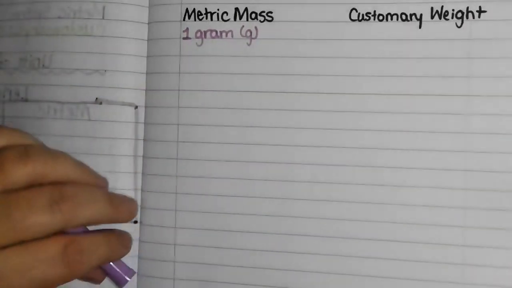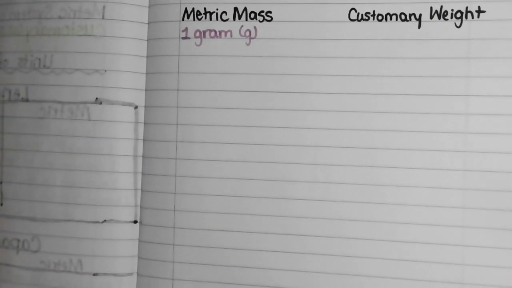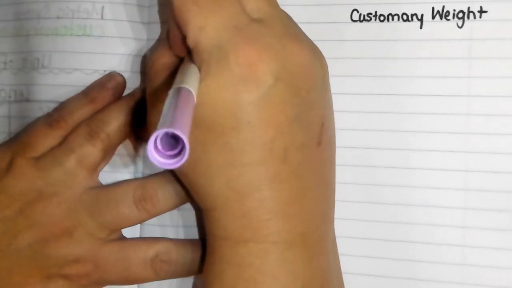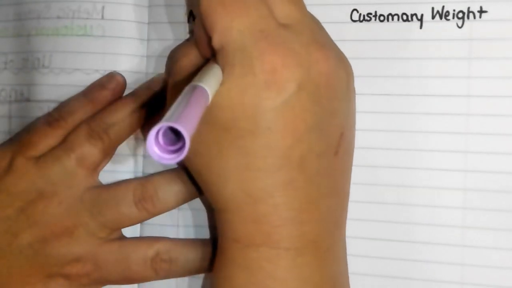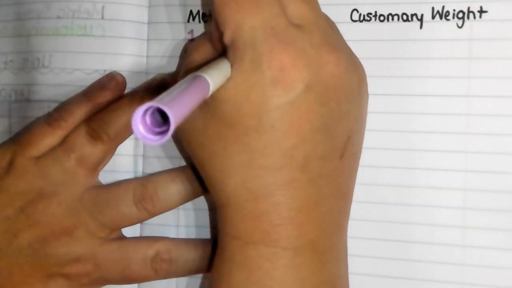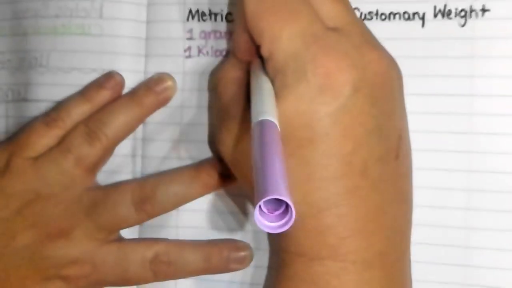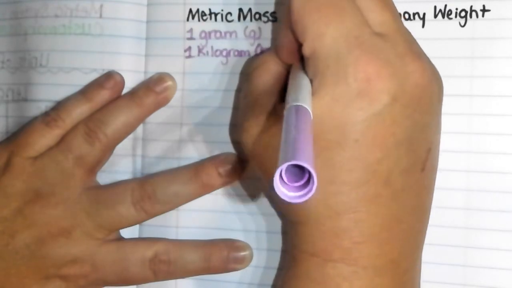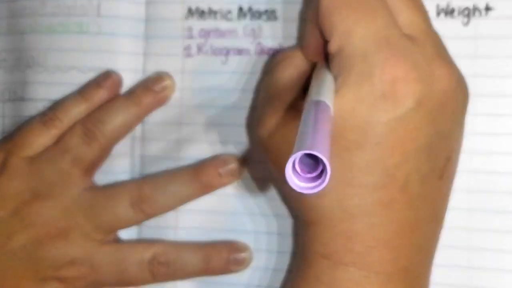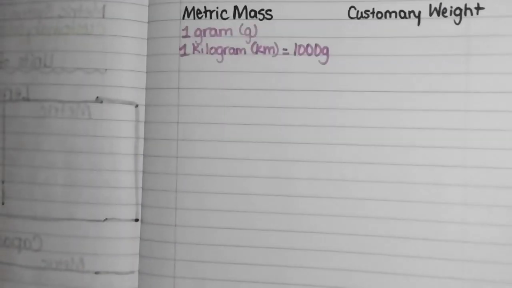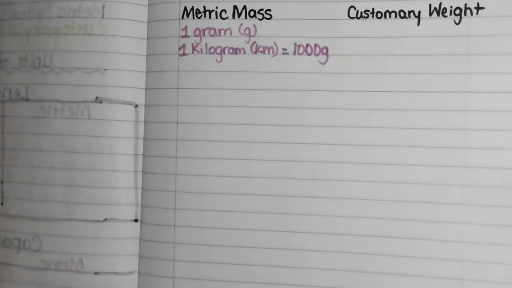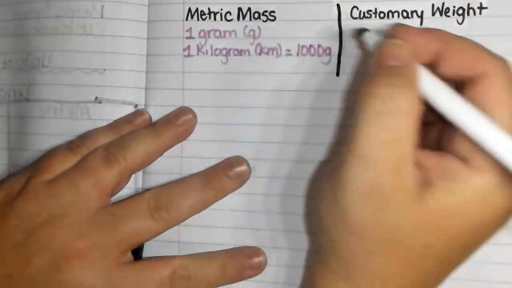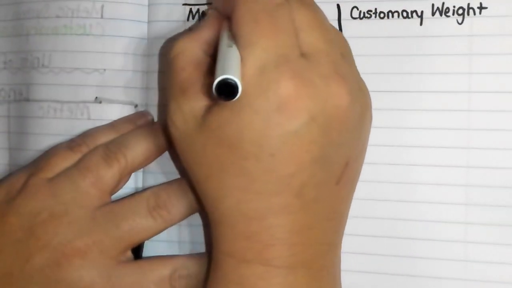The next one in metric mass is kilograms. If I have 1 kilogram, which is abbreviated with a K and a G, I end up with 1,000 grams. And that's it. That is it for the metric mass. So now let's move over to the customary weight side.